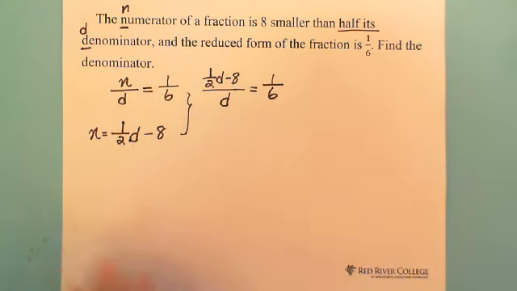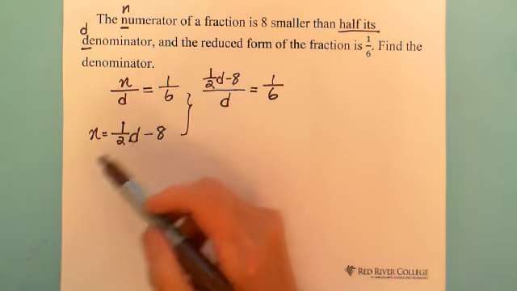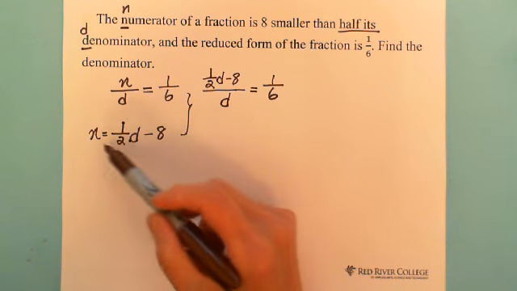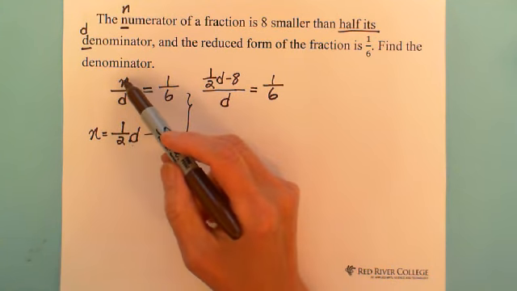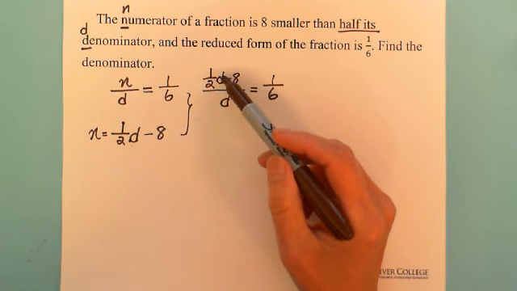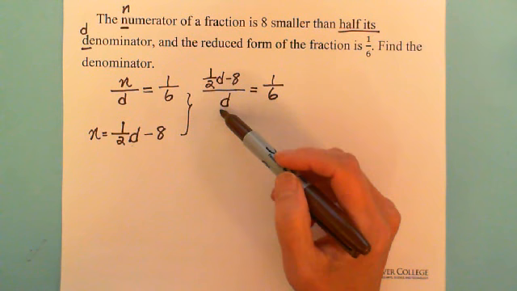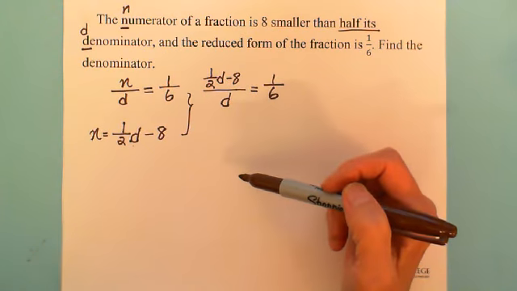This is the equation. After you get this expression, you use 1/2 d minus 8 to replace n, and the bottom is still d. That's why we only have one unknown. Set it equal to 1/6 to solve it.